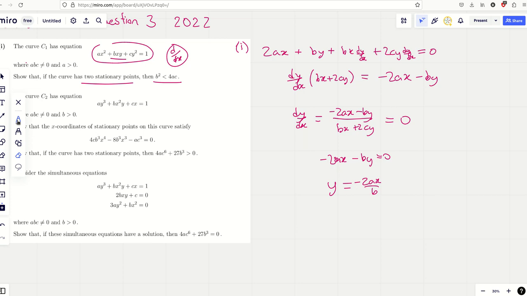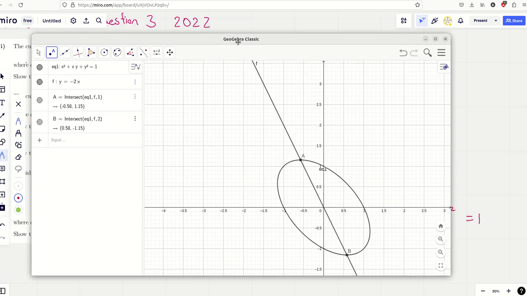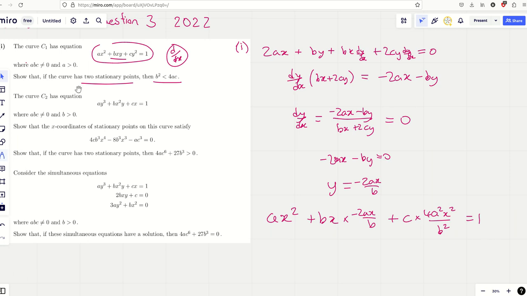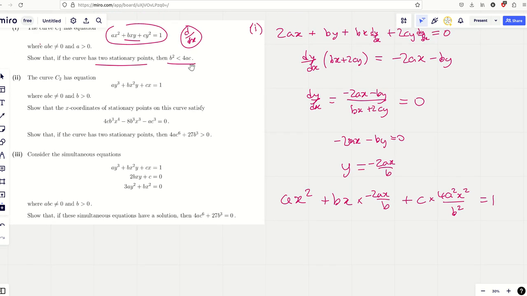It doesn't really matter which one you eliminate here, but ax squared plus bx, oh, I need a y, well that's just times by minus 2ax over b, and then plus a cy squared, well y squared is just 4a squared x squared over b squared, and that should equal 1, because I'm just finding where the original curve hits that straight line, because that will be my turning points. And remember, I don't need to find the turning points here, I just have to show that if there are two turning points, that's true.